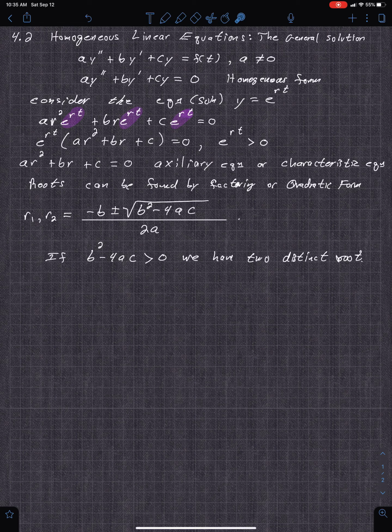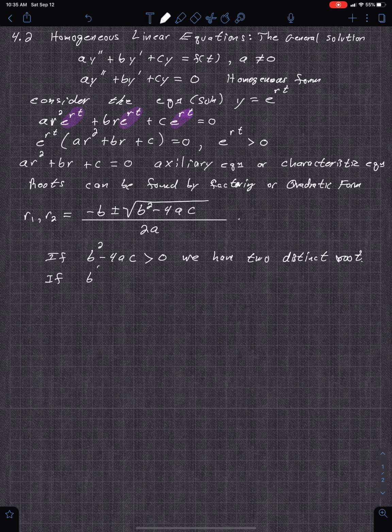And if b squared minus 4ac is a perfect square, then you'll get two distinct rational roots. Not that it matters, but that's what you'll get. Just remember some of that stuff.